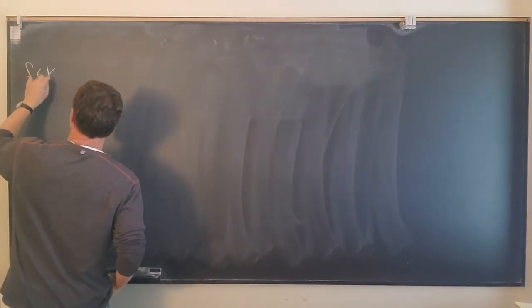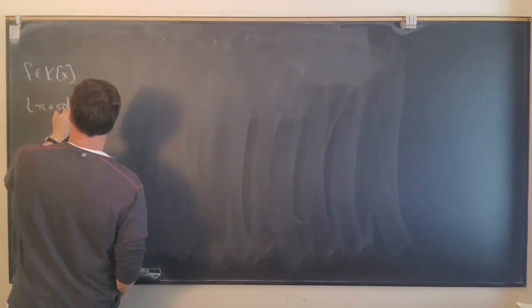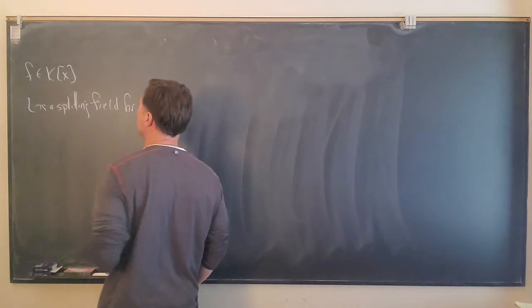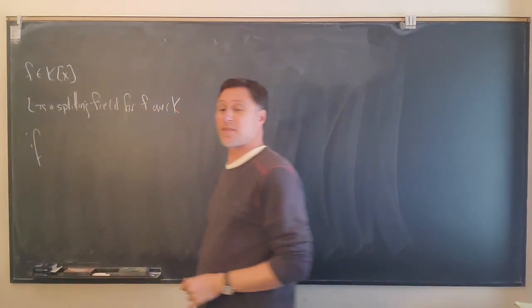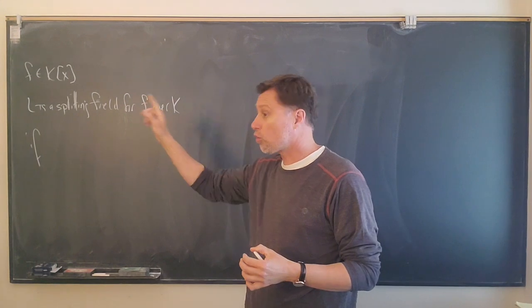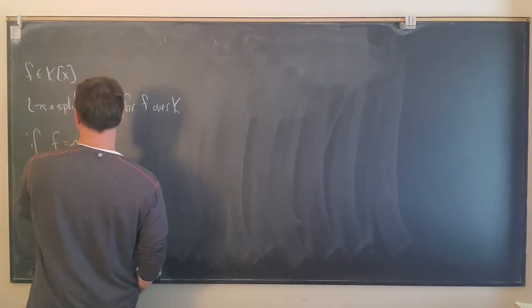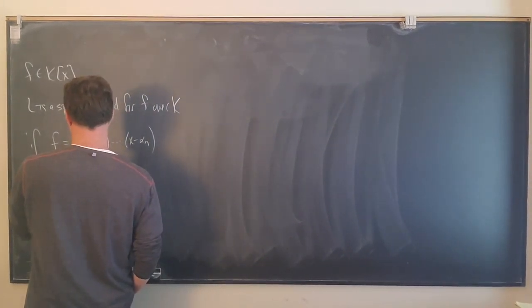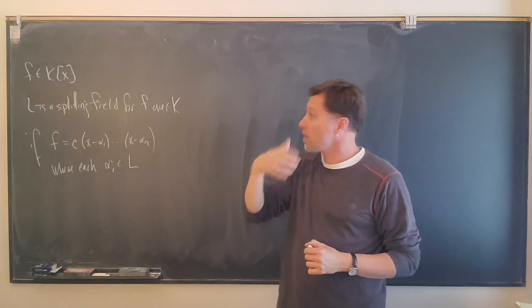If we have a polynomial f in k bracket x, then L is a splitting field for f over k if, first of all, f splits completely into linear factors over L. So f equals some constant c times x minus alpha 1 dot dot dot x minus alpha n, where each alpha i is in L, meaning that these linear factors are degree 1 polynomials living in L bracket x.